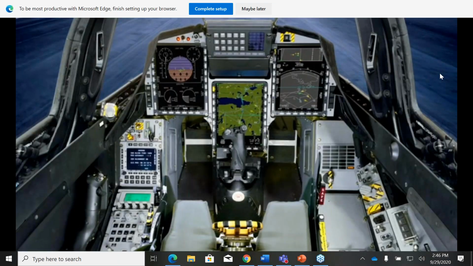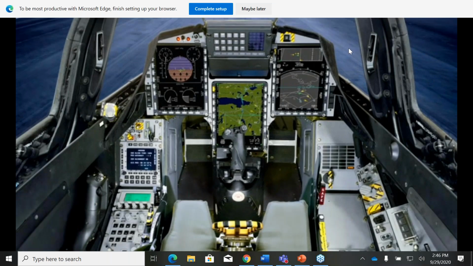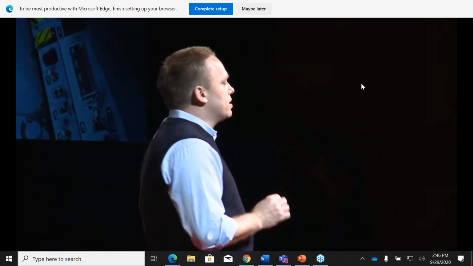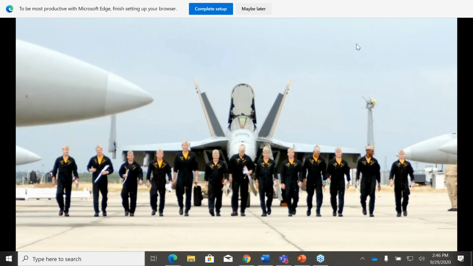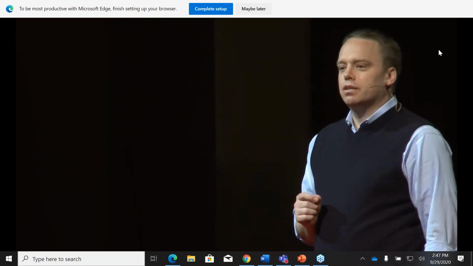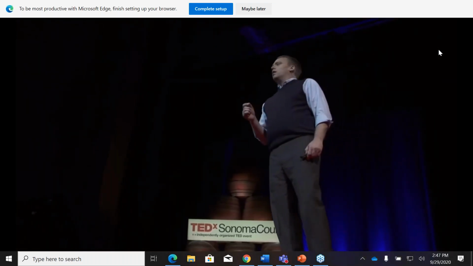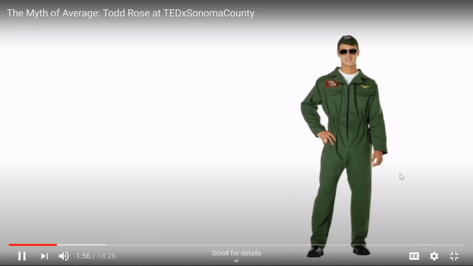Because after all, what good is the best technology in the world. So the issue is, how do you design one cockpit that fits the most people? For a long time, it was assumed that you could do this by designing for the average pilot.